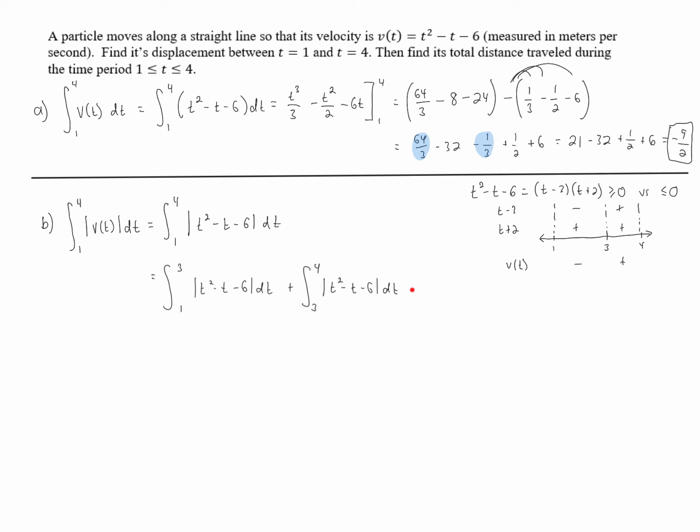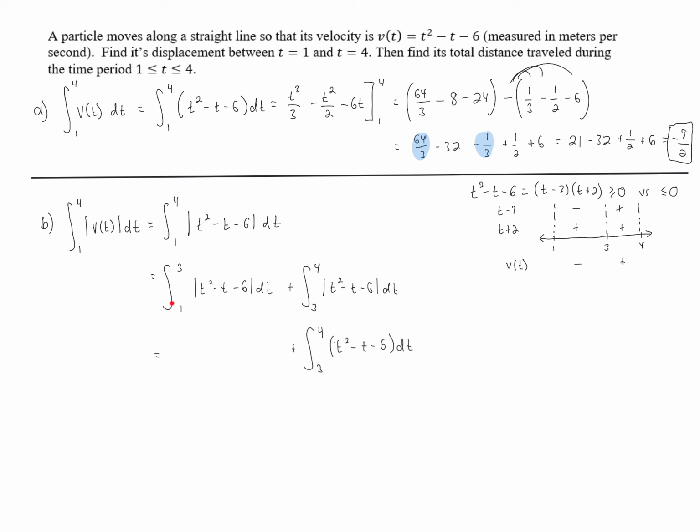And from 3 to 4, our function is positive, and so the absolute value symbols don't do anything. So we can simply get rid of them there. When our function is positive, we can replace them with parentheses. When our function is positive, taking an absolute value doesn't do anything, and so we can just integrate that function.